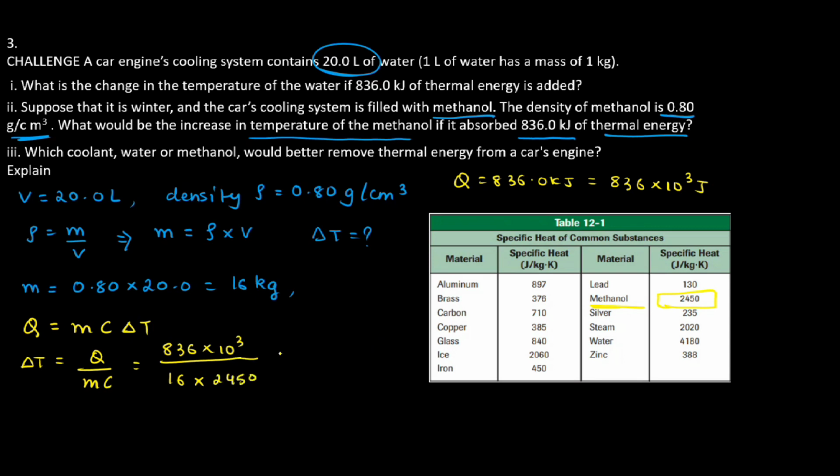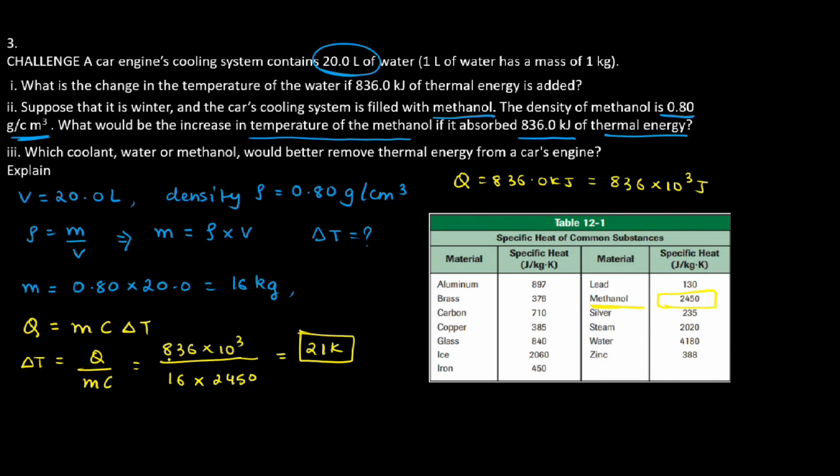And when you solve this, you get the change in temperature as 21 Kelvin. Now part 3 of the question is asking us, which coolant, water or methanol, would be better to remove thermal energy from the car's engine? Explain. So how do you identify which coolant will be better?